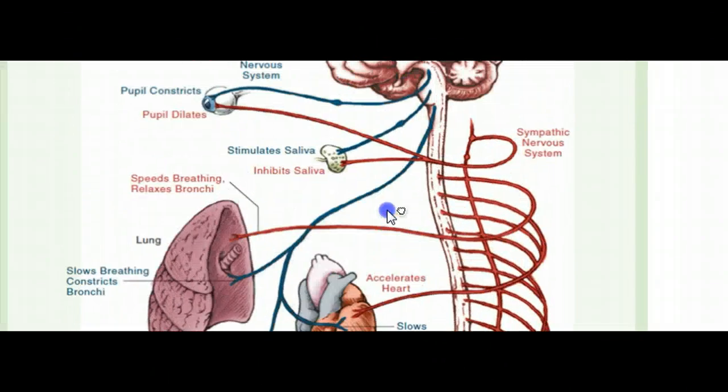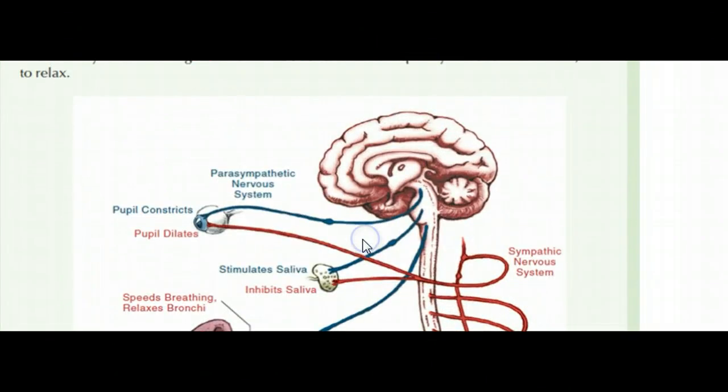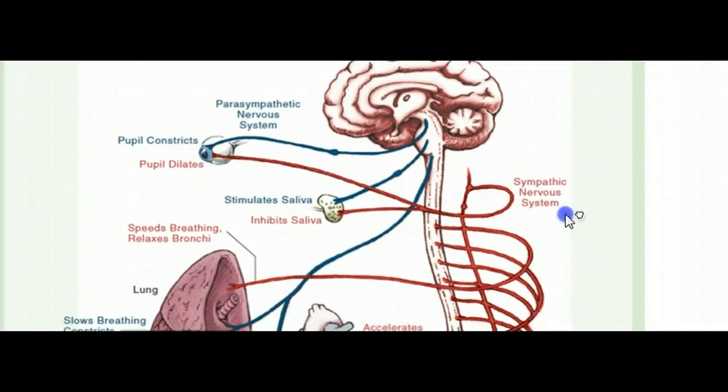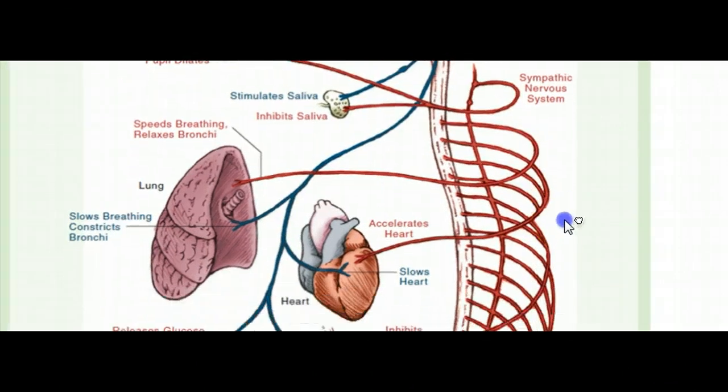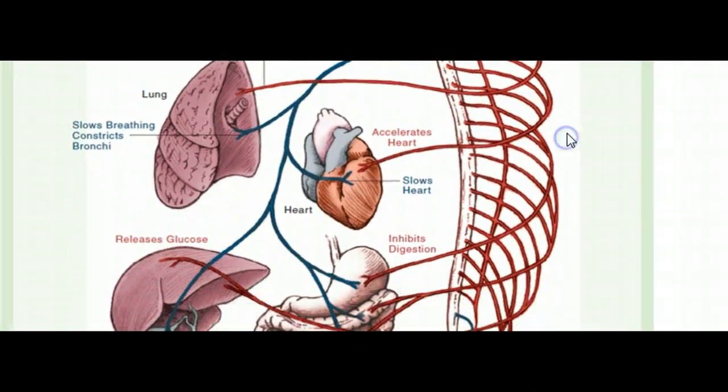Now, the parasympathetic nervous system on the other side, think of rest and digest. Okay, so it constricts your pupils to little pinpoints so you can see danger on the horizon. It stimulates saliva so you can help digest your food. It slows down breathing and heart rate.